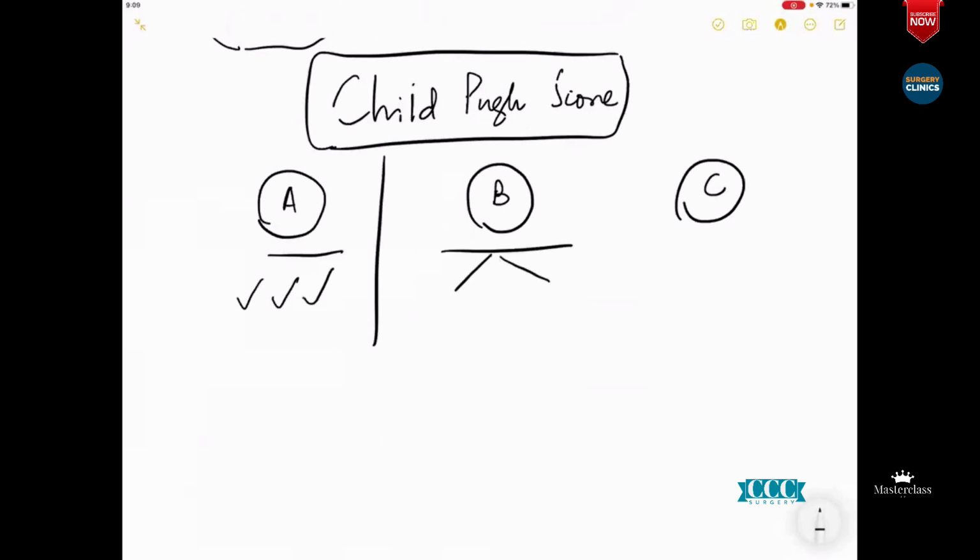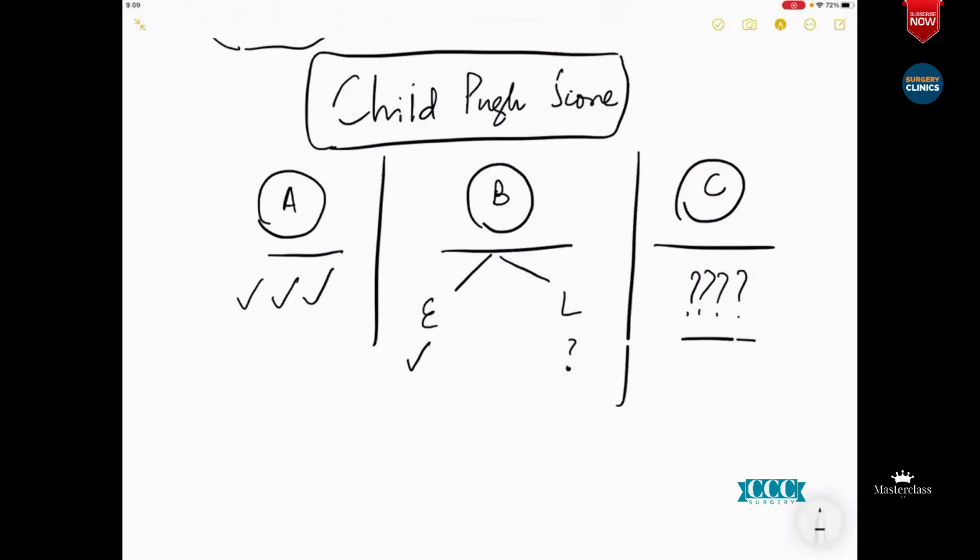Child B is divided into early and late, maybe one tick, late, question mark, C, big question mark. This patient is fit for a transplant if you can get a donor. But what is important is, if you are planning a surgery on the liver or for obstructive jaundice, Whipple's, hepaticojejunostomies, radicals, hepatomas, please remember this is our simple poor man's assessment of what my post-operative outcome is going to be.